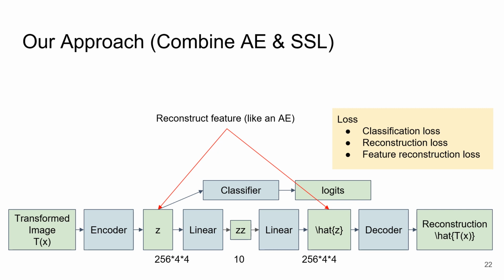And the third one is feature reconstruction loss. It's like an autoencoder inside a bigger autoencoder. Once we get Z, we want to project it onto the normal manifold, so we train another autoencoder to reconstruct Z. Because this autoencoder only learns to reconstruct normal features, this Z hat is on the normal manifold.